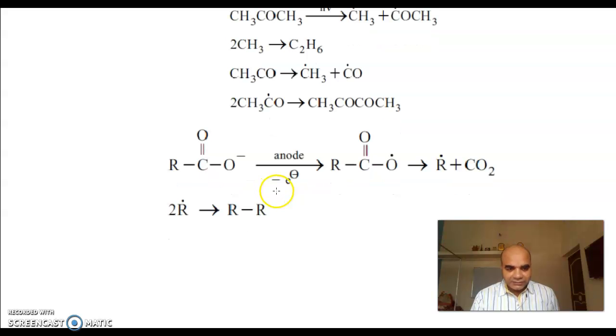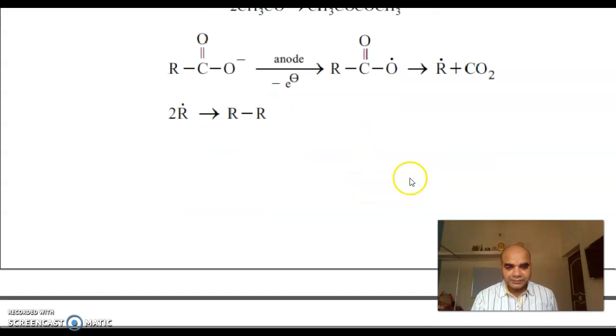Another way to generate free radicals is the electrolytic process, by supplying electricity to the system. Here you can see that this carboxylate anion, under electrolytic conditions, changes into a carboxyl free radical.